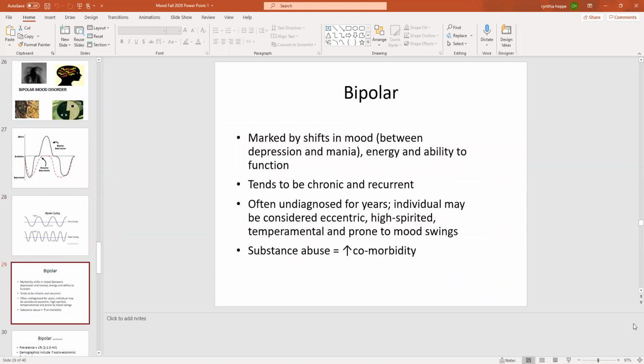Marked shifts in mood between depression and mania. It tends to be chronic and recurrent. Sometimes it's undiagnosed for years because they may not see that depressed phase in that individual, or they may not see that manic phase. But when they do see it, then they realize that it's not just a depressed state. I mean, yes, it is, but the true diagnosis would be bipolar disorder.